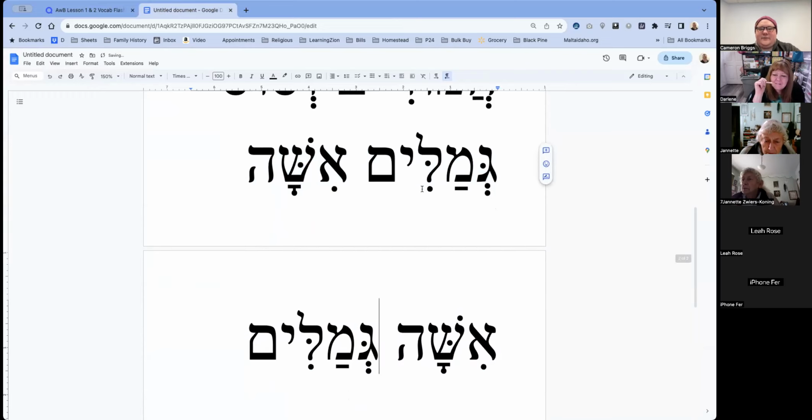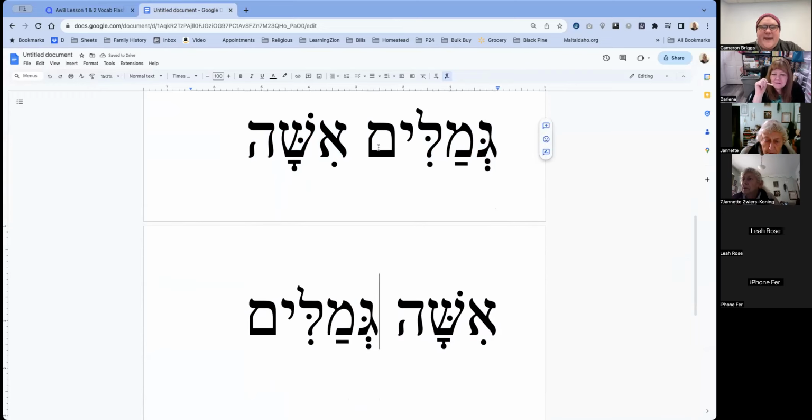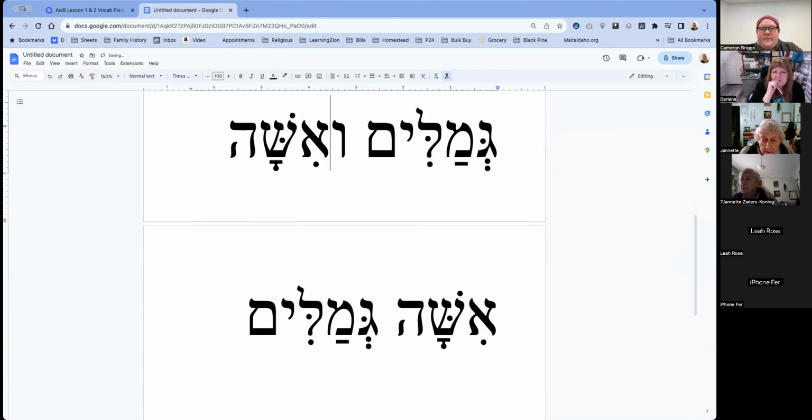Okay, so we're gonna do Gamalim and Isha. So when Gamalim is first and Isha is second, what kind of conjunction are we going to be using? Just the regular. And so when we have Isha first and Gamalim second, what do we do in this case?